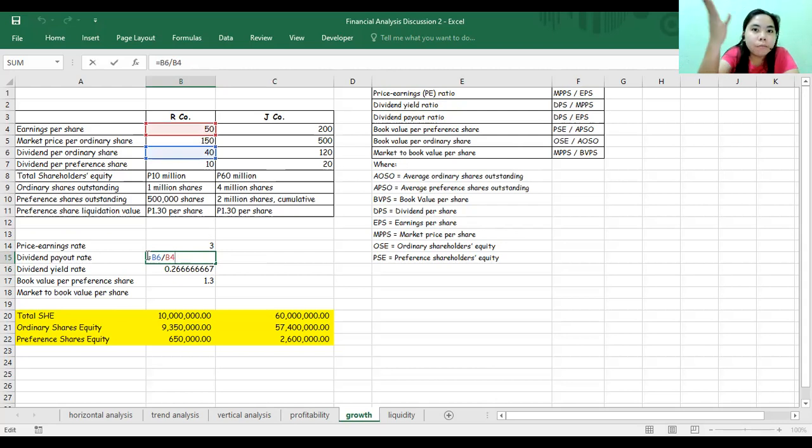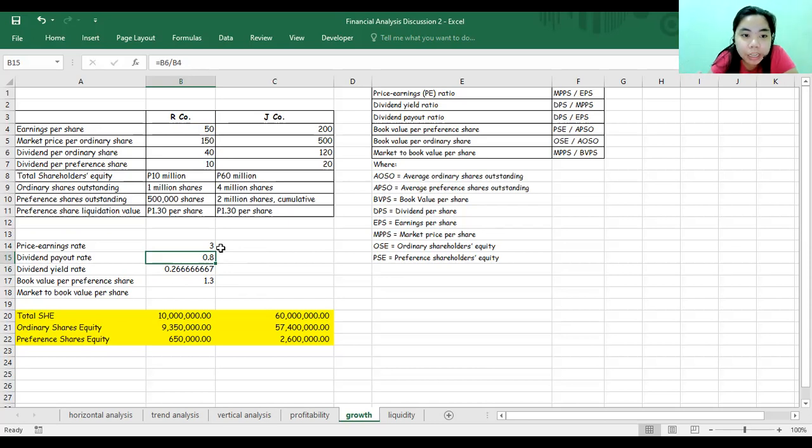What you paid as dividend in relation to your earnings per share, that's the value for each ordinary share of the company now. So it's 0.8:1. That means you are paying 80 cents for each 1 peso of your earnings per share.